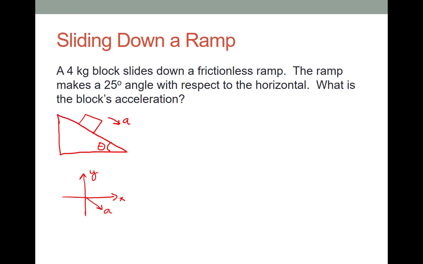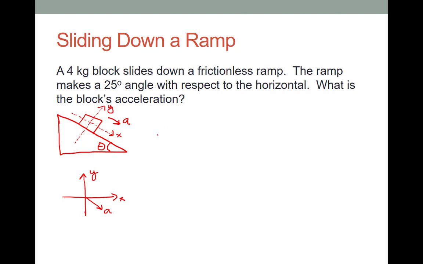An easier approach is to take the coordinate system and rotate it. Let the y-axis be perpendicular to the ramp surface and the x-axis point down the ramp. Now the acceleration is again strictly in the x direction.